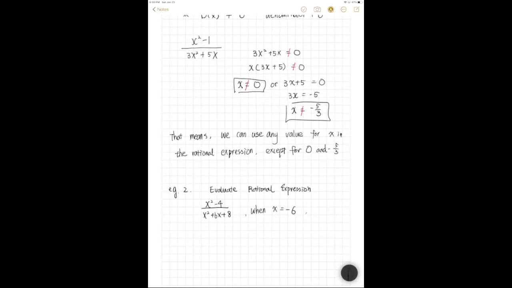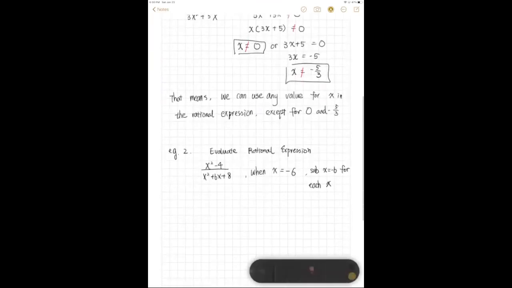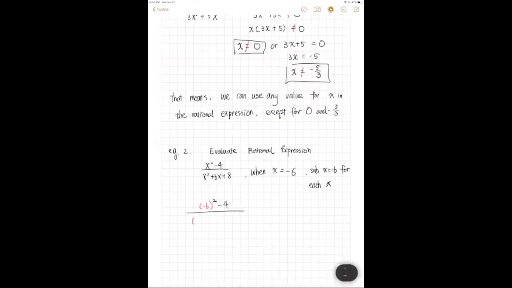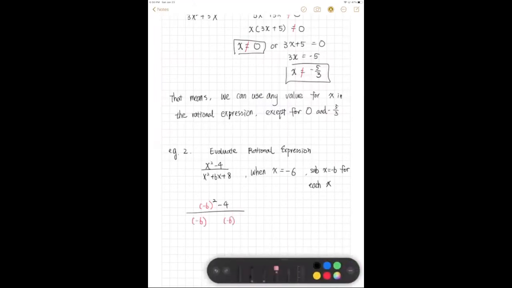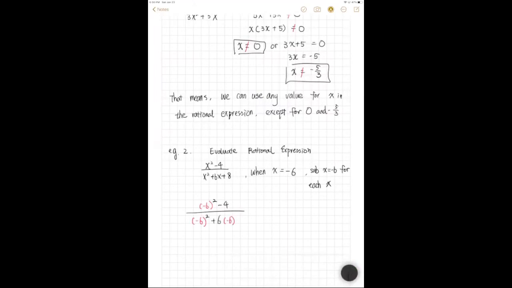That means we want to substitute x equals negative 6 for each x in the expression. So we have what? (negative 6) squared minus 4 over (negative 6) squared plus 6 times (negative 6) plus 8.